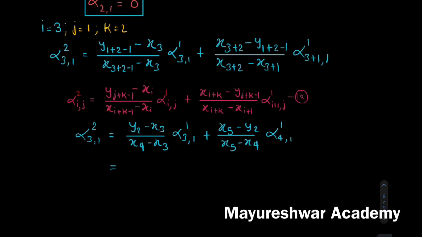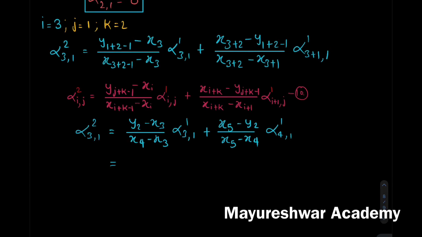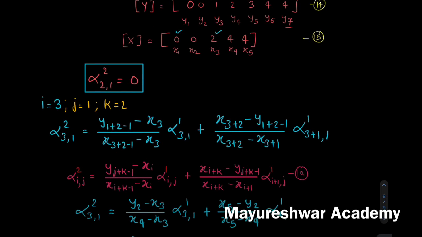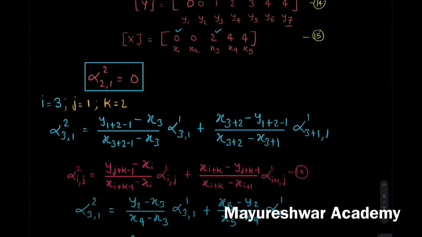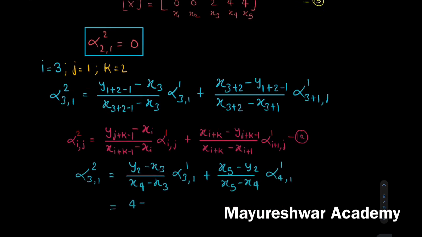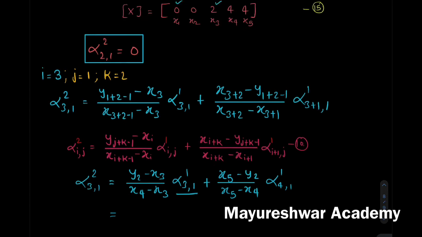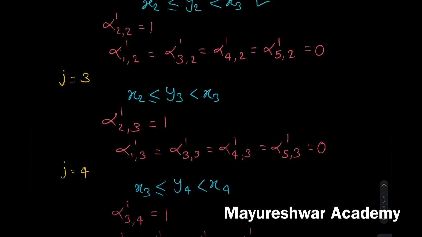Okay, so let us substitute these values. So this is 0, y2 is 0, so okay, let us check first of all alpha 3 comma 1 whether this value is present or not.